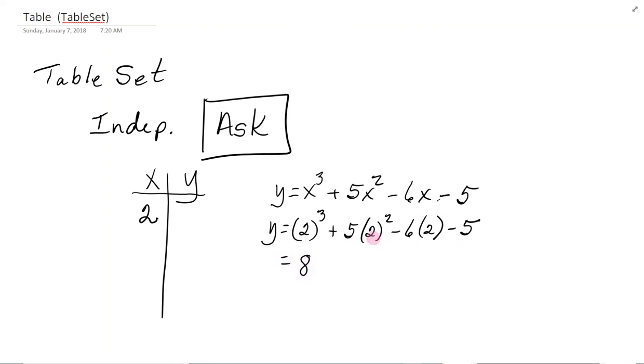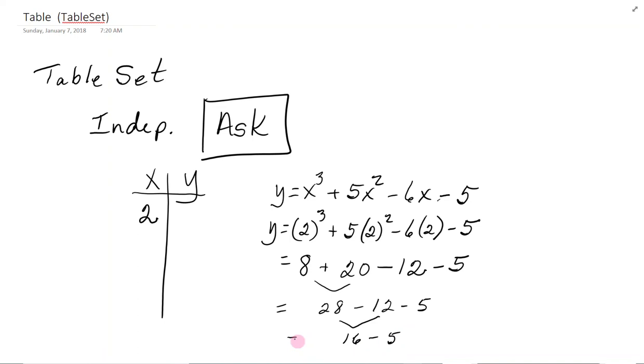This is 8. 2 squared is 4 times 5 is 20 minus 6 times 2 is 12 minus 5. If I move left to right, 8 plus 20 is 28. Subtract 12, subtract 5. 28 minus 12 is 16 minus 5, which is 11. So that was a good bit of work.